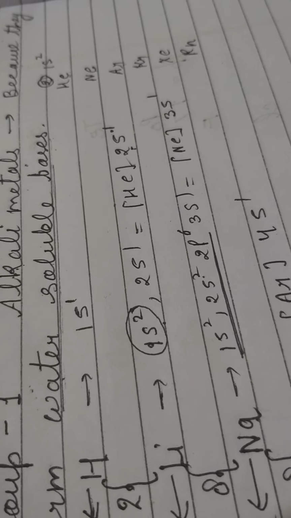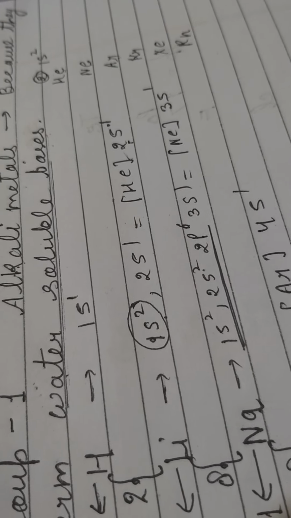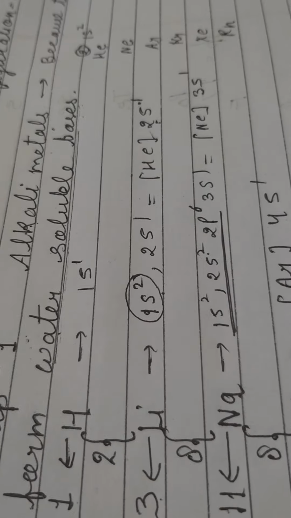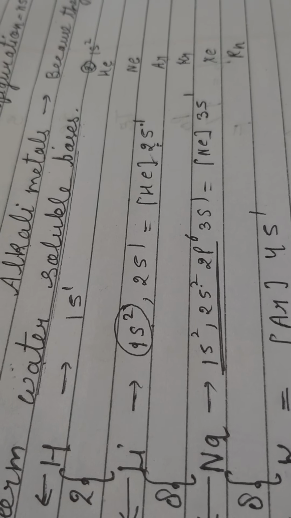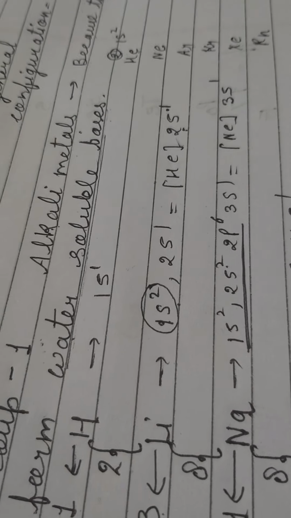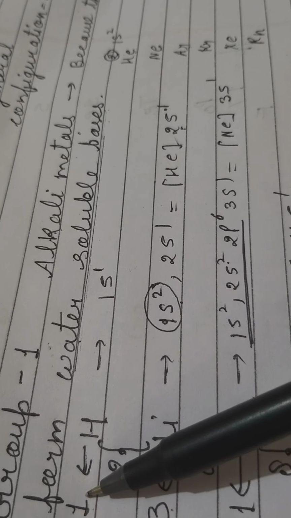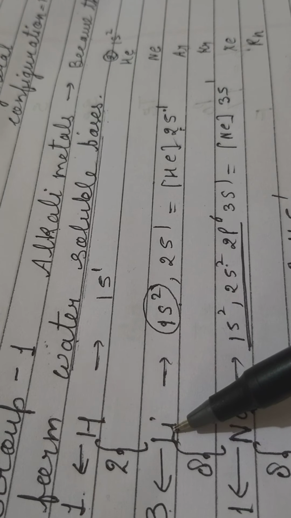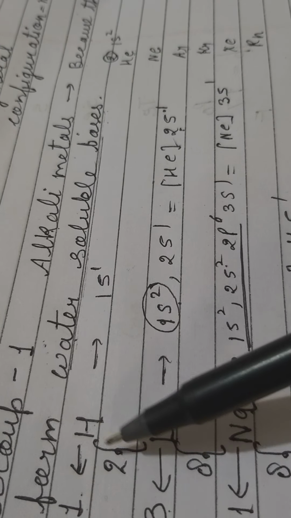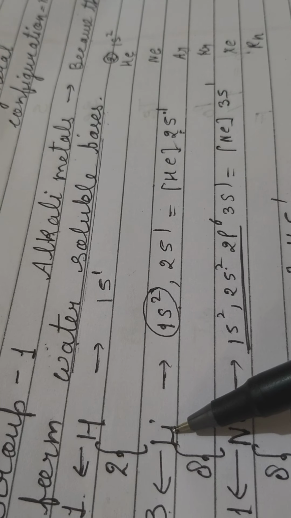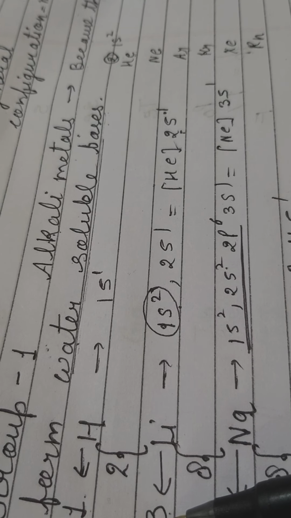Now you have to see the atomic numbers of all the elements and the pattern. I am just explaining how I have written their atomic numbers. For hydrogen the atomic number is 1, and lithium comes just below hydrogen, so 2 is added to get the atomic number of lithium, that is 3.